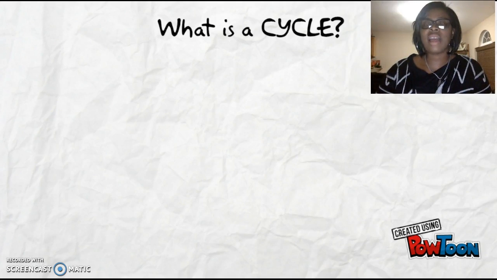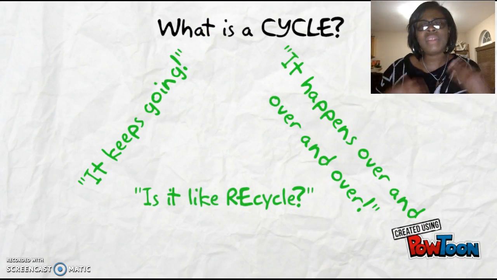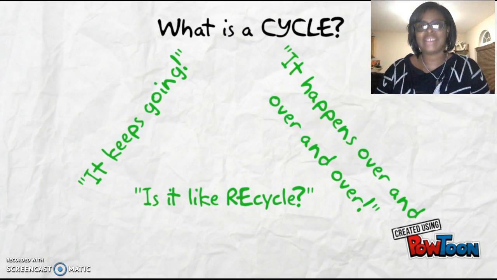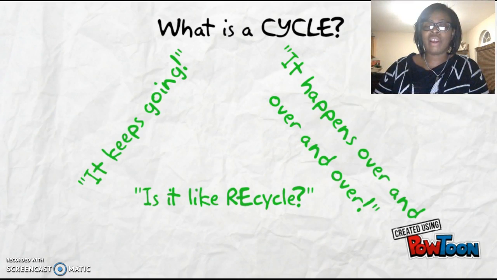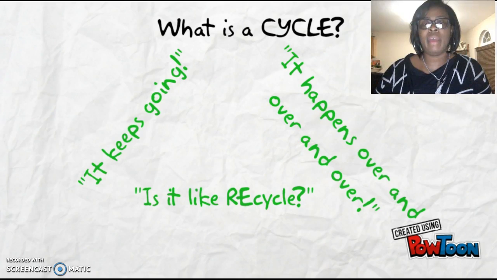All right, what is a cycle? These are some of the things that kiddos come up with and have come up with over the years. A cycle is something that just keeps going. Is it like recycle? It happens over and over and over. Yes. Those are some of the things that we like to have in our conversations because life cycles are things that continue to happen.